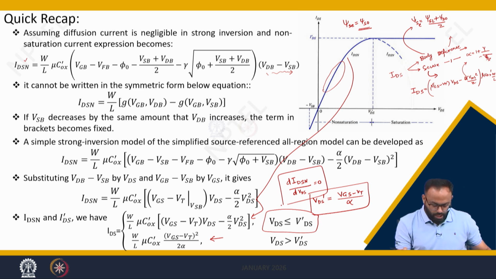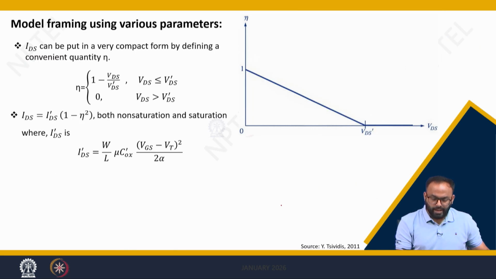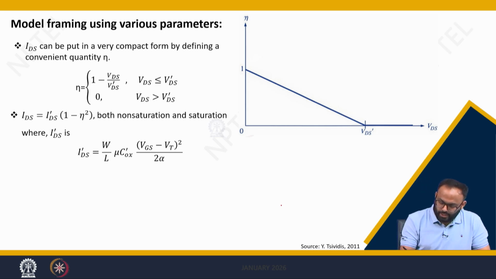Let us move further to define our equation in a simpler way. I am defining a new parameter which is eta. Eta is equal to 1 minus VDS divided by VDS dash, which is nothing but 1 minus VDS divided by VGS minus VT by alpha.